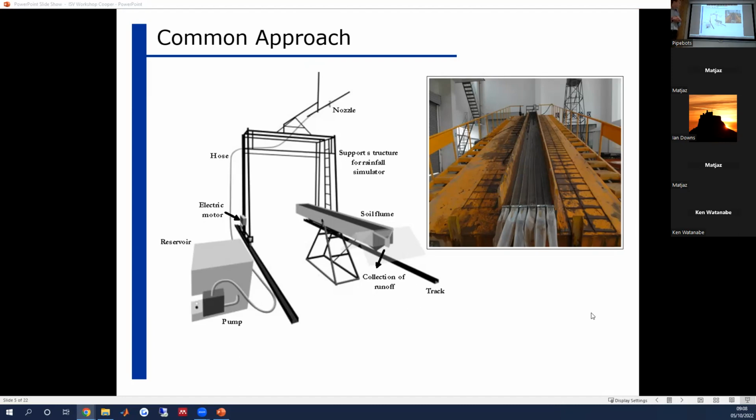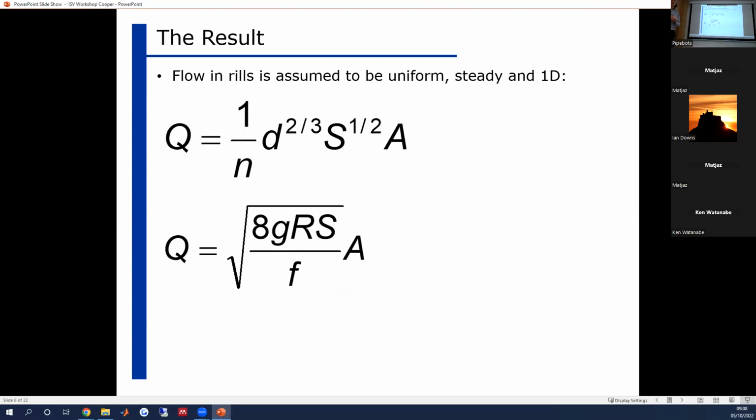Next slide, please. So of course, one of the problems is then people have had to make assumptions about the dynamics of these overland flows, because they've got this limited information on the dynamics. So the common approach is to assume that those flows are steady, they're uniform, and of course, demonstrably they're not, but therefore they're using open channel flow resistance equations to try and model these overland flows.